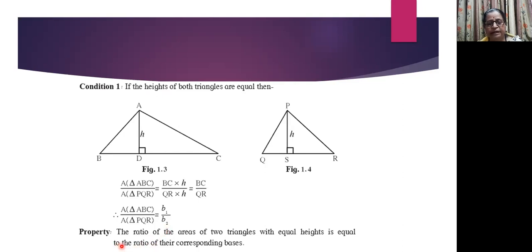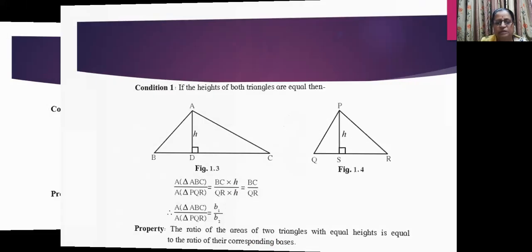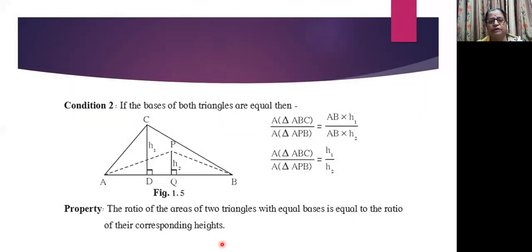The property: the ratio of the areas of two triangles with equal height is equal to the ratio of their corresponding bases.